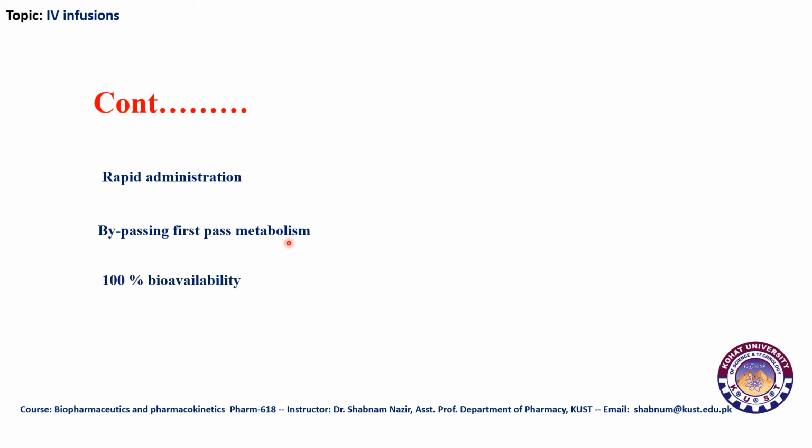There is 100% bioavailability and rapid delivery of the drug to the target site. So these are the main advantages associated with intravenous infusions, and these are the various reasons because of which intravenous infusion is quite a popular route of administration or dosage form.